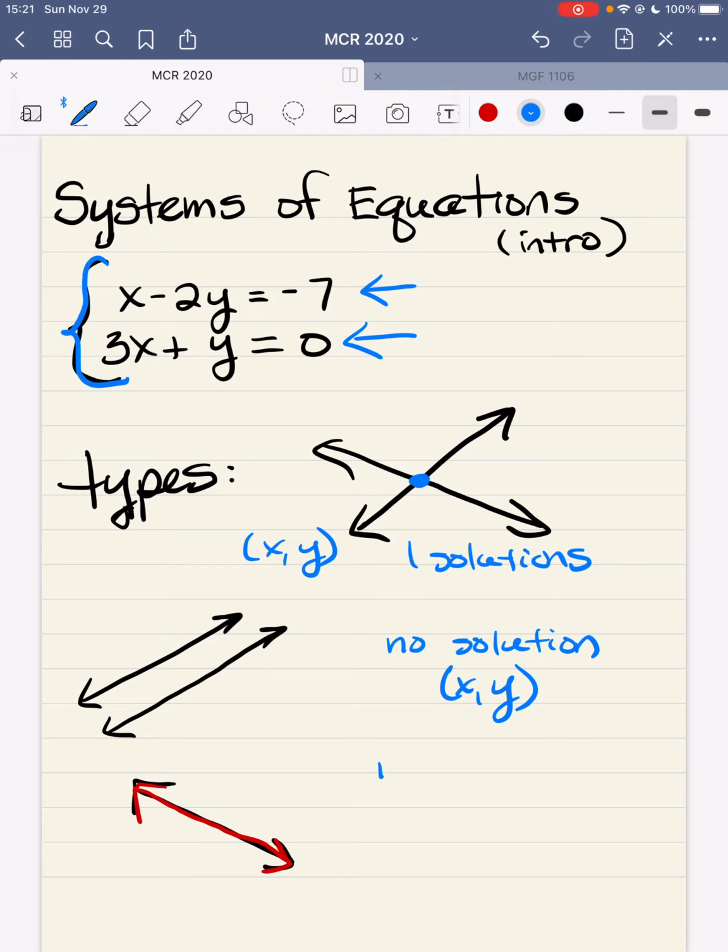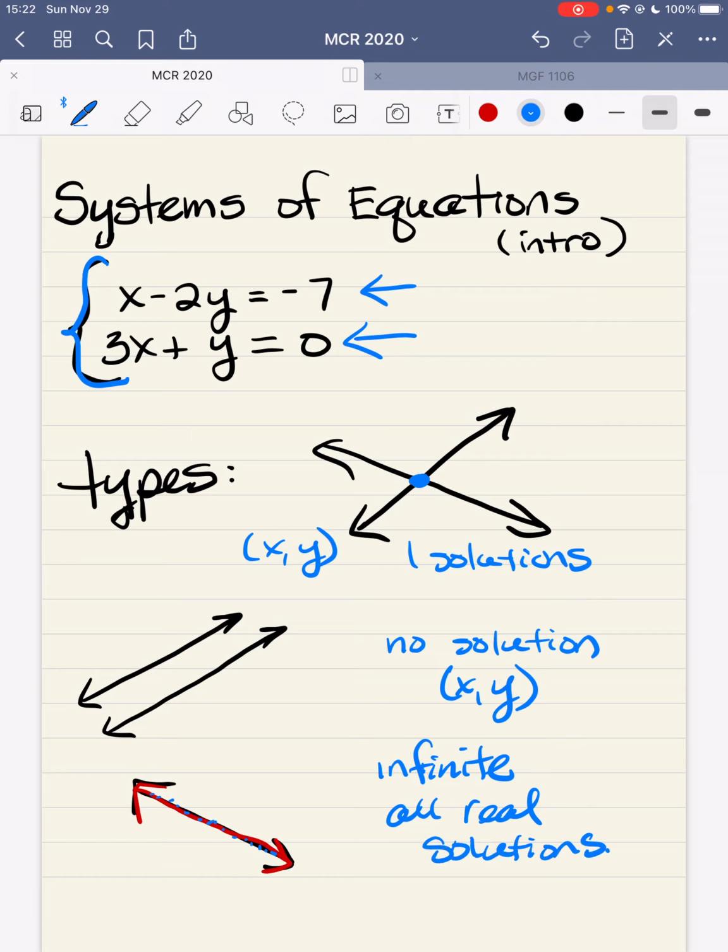So we have an infinite number of solutions because they're the same line. So there are all these points along the line that are solutions for these two equations. All right, and so this is sometimes called all solutions or all real solutions.